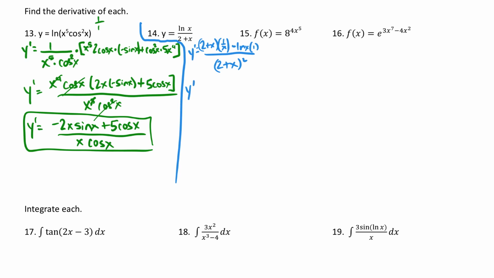So y prime will end up being 1 over x times this 2 plus x minus the ln x. There's really not much you could simplify with this, so we're just going to leave it like this. You could play around a little bit, but I'm just going to go ahead and leave it like this.